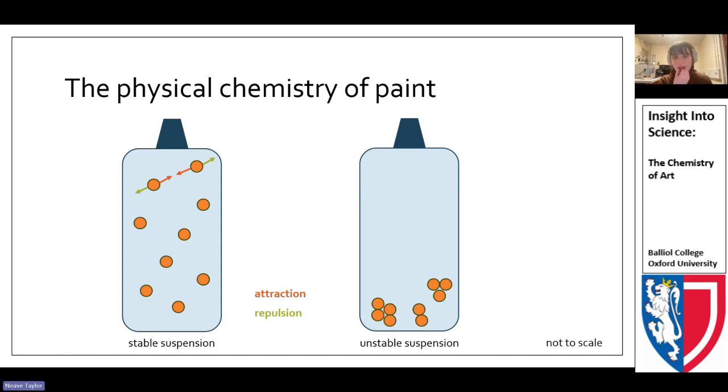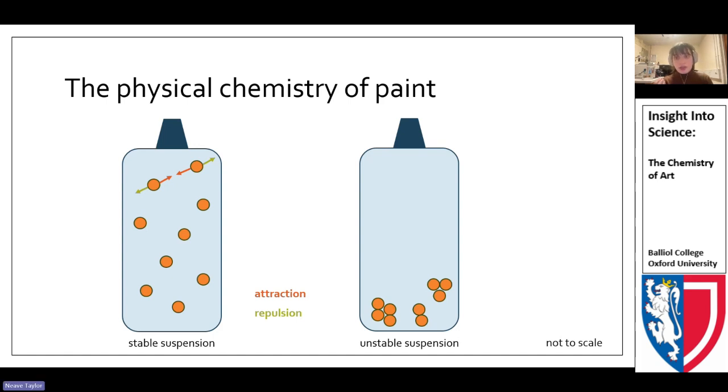So this is just a very basic picture of the two main things that you have to think about to have a nice, stable colloidal suspension. On the left-hand side, we have these highly colored pigment particles, which are represented as this bright orange, and then they're suspended in this solution of some kind, which we're representing with the light blue.